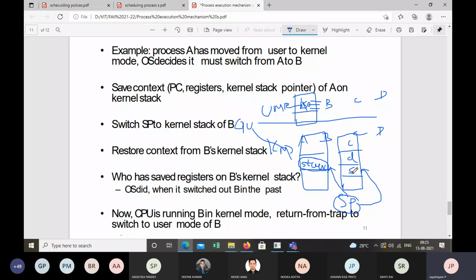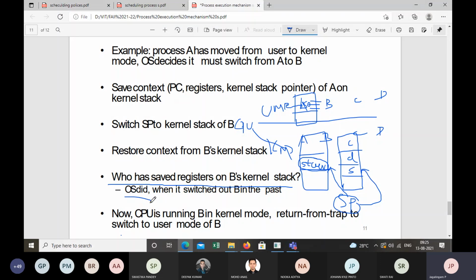No, we are dealing with the process B memory image. The stack will have a PC value of process B, because the stack pointer points to the stack of process B, right? Now, who has saved this? Who has saved the stack of process B? Who has saved the registers? The OS. Yes, the operating system did this, right?